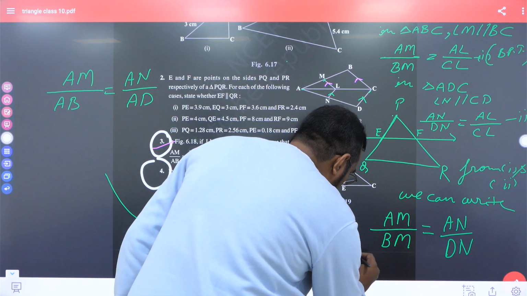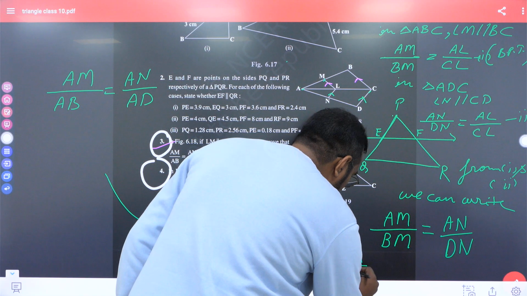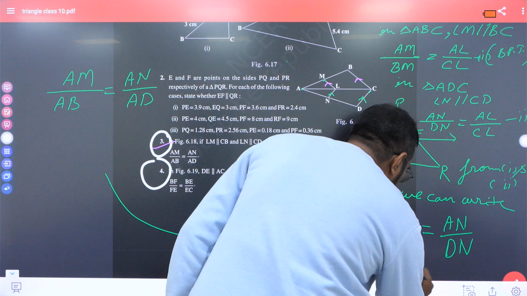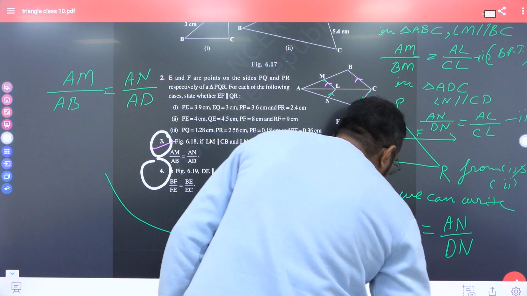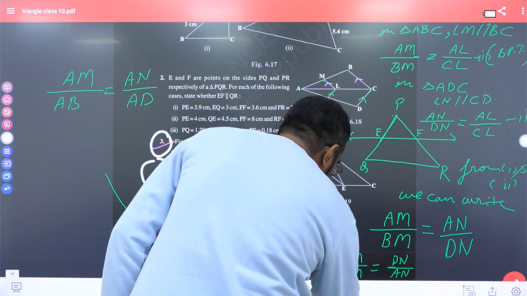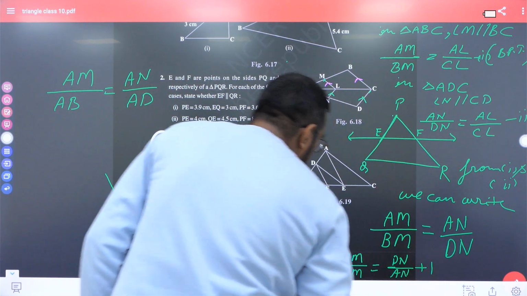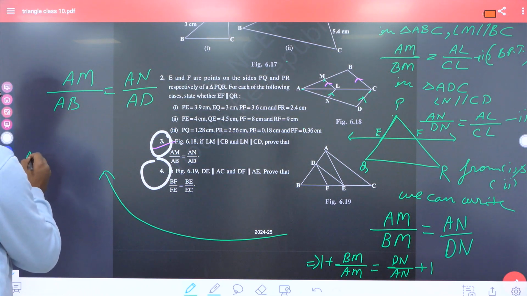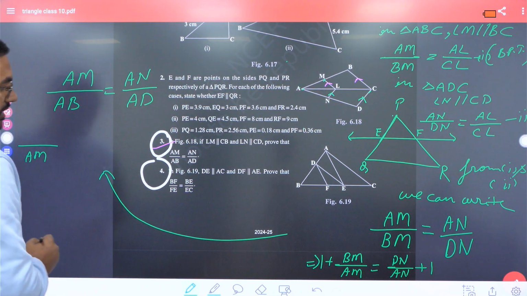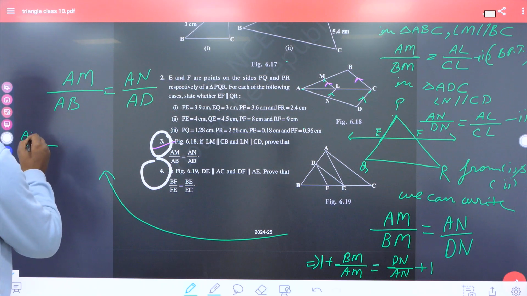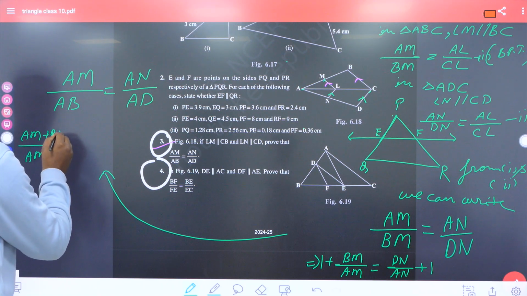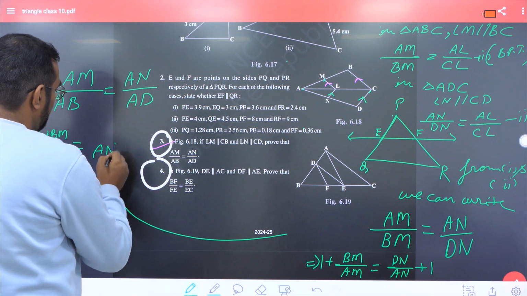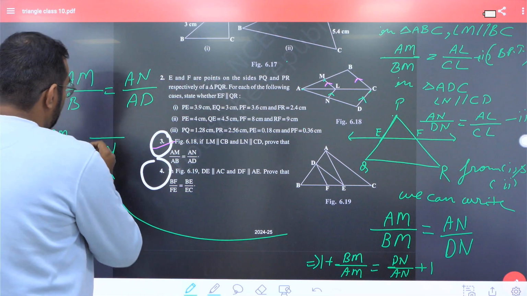That will be BM upon AM is equal to DN upon AN. Now add 1 to both sides. AM will be the LCM there, and we will get AM plus BM, which will be equal to, on the other side AN will be the LCM, AN plus DN.